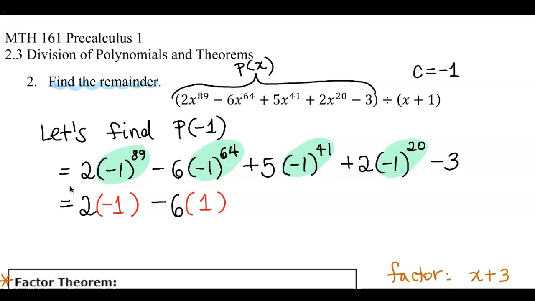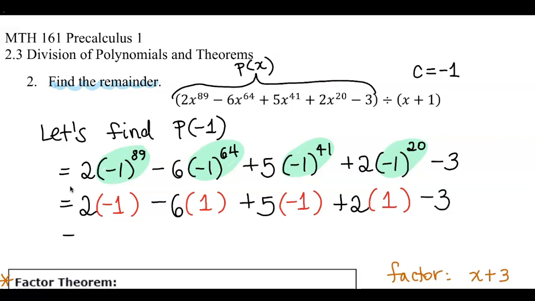Bring down the +5. Look at the exponent of 41. It's an odd number, so this one stays as -1. Almost done. We do +2, multiplied by -1 to the 20th, and 20 is an even number, so it turns into +1. And I'm going to bring down the -3.